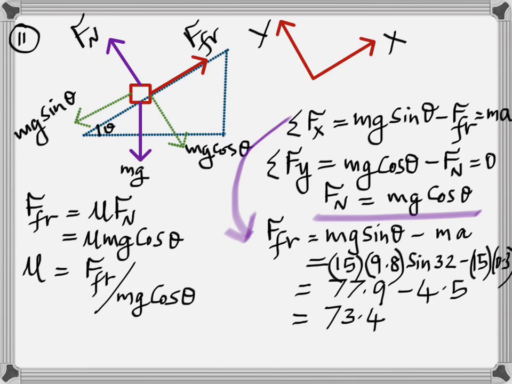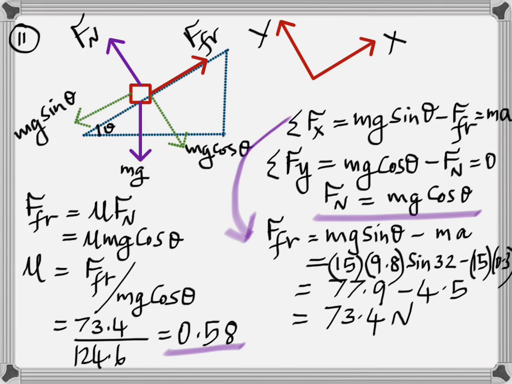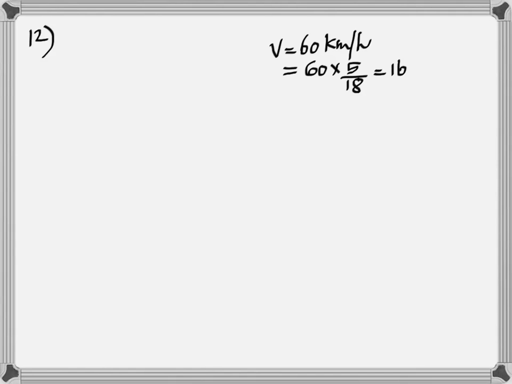Get the force of friction as 73.4 newtons. Take that number and substitute it here. You get 0.58. Question 12. Change it into meters per second.